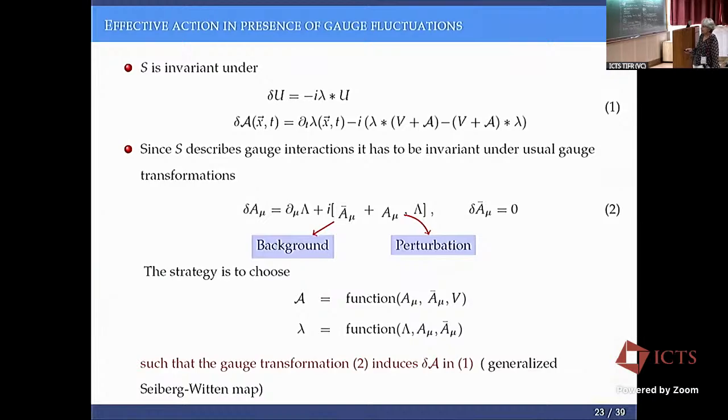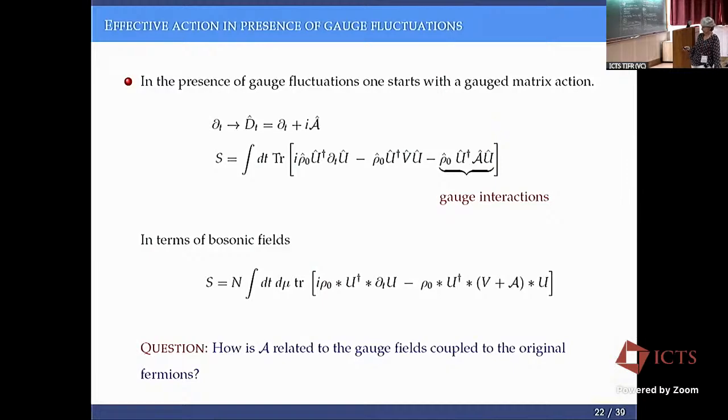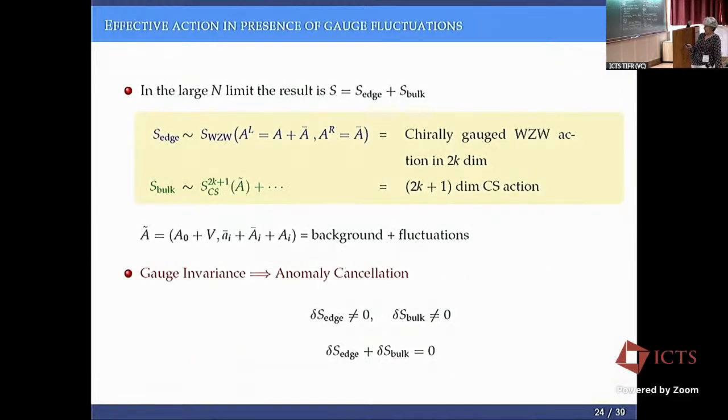So we find these functions. We take script A in terms of these gauge fields and put it back into the action here. We take the large N limit. And what we find is that the action now decomposes into two parts. There is the edge, the boundary part, which was the Wess-Zumino-Witten, but now chirally gauged with this fluctuation of the background field.